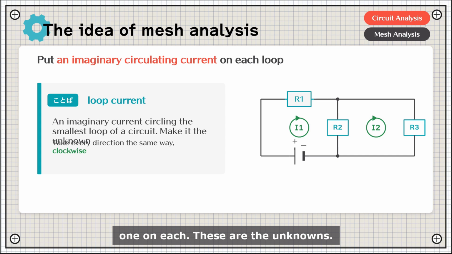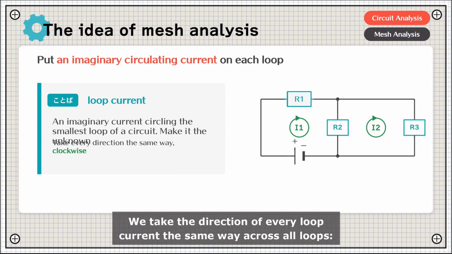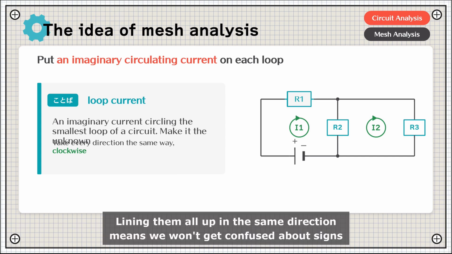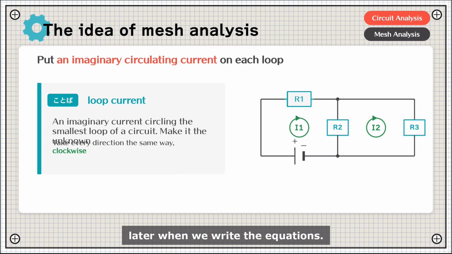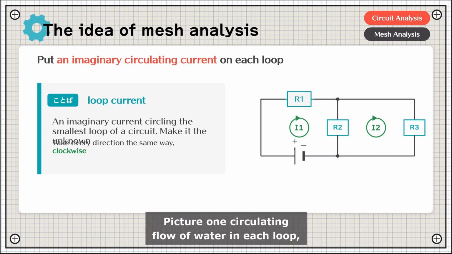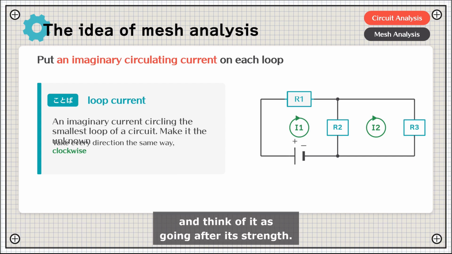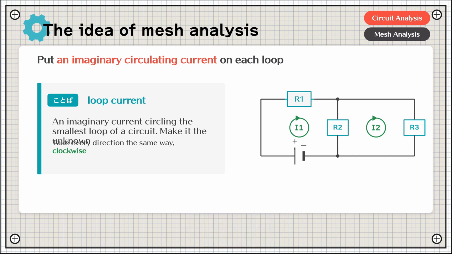These are the unknowns. Here, let's set one important rule. We take the direction of every loop current the same way across all loops, clockwise. Lining them all up in the same direction means we won't get confused about signs later when we write the equations. Picture one circulating flow of water in each loop, and think of it as going after its strength.